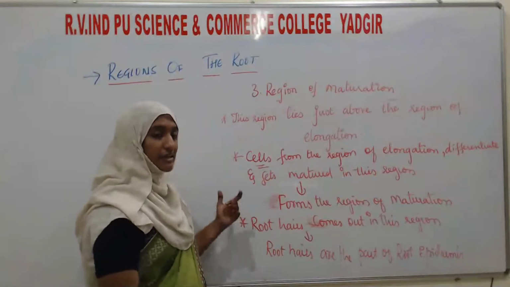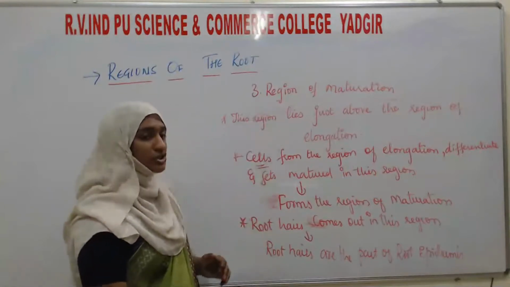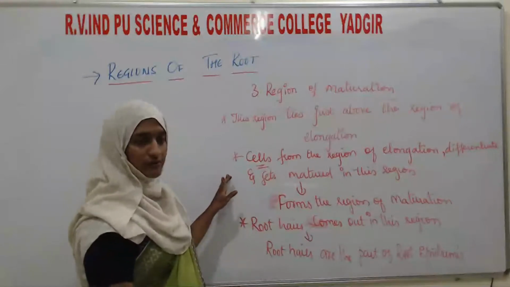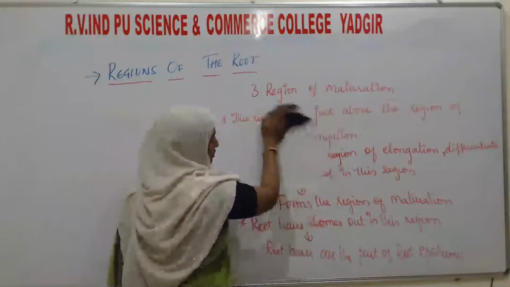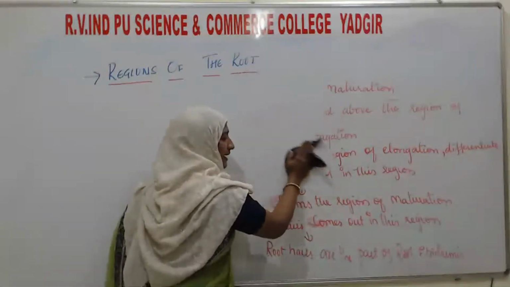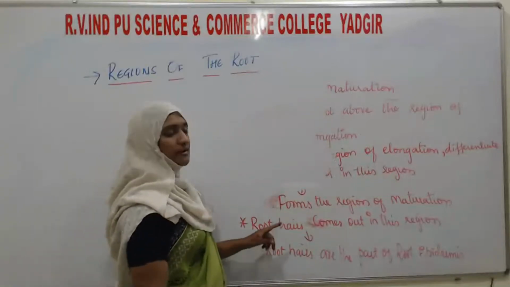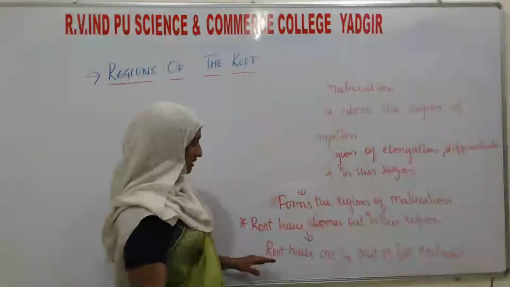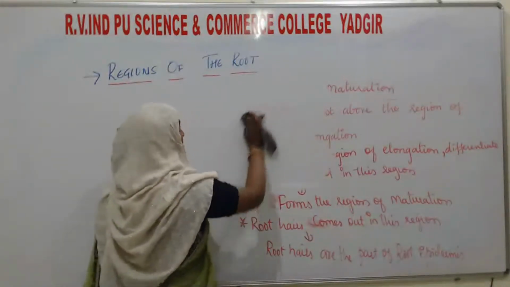Those cells get mature in which region? The region of maturation. They differentiate and mature, forming the region of maturation. From this region, root hairs come out, and they are part of the root epidermis.